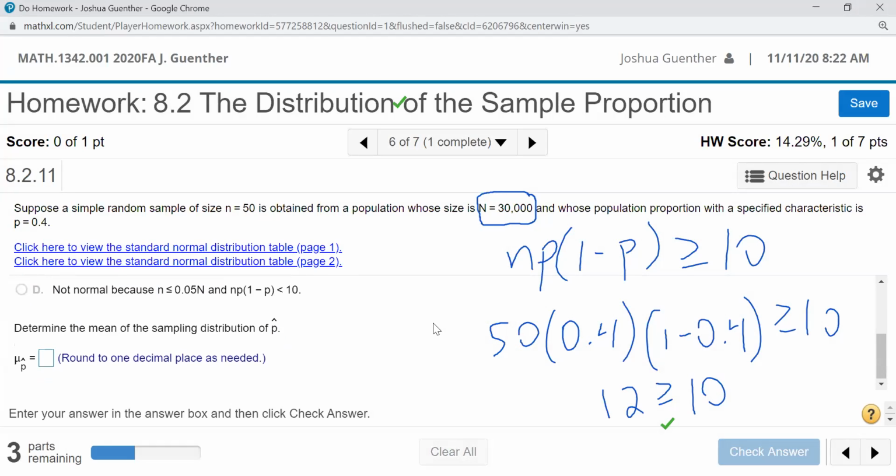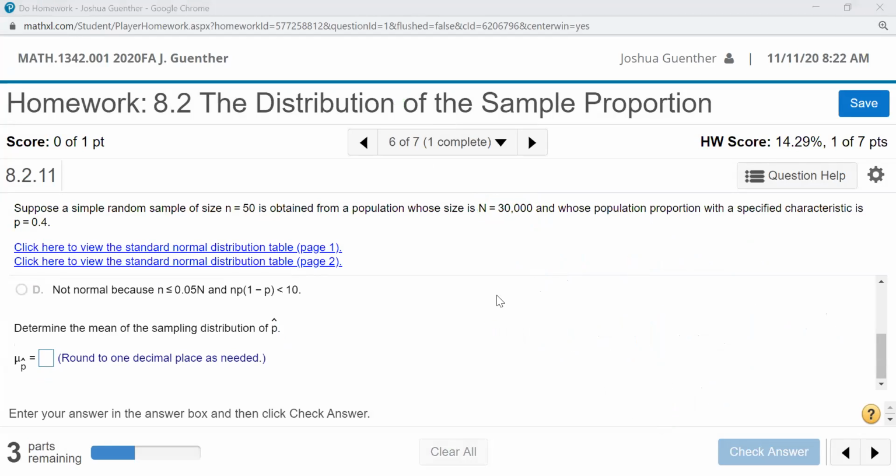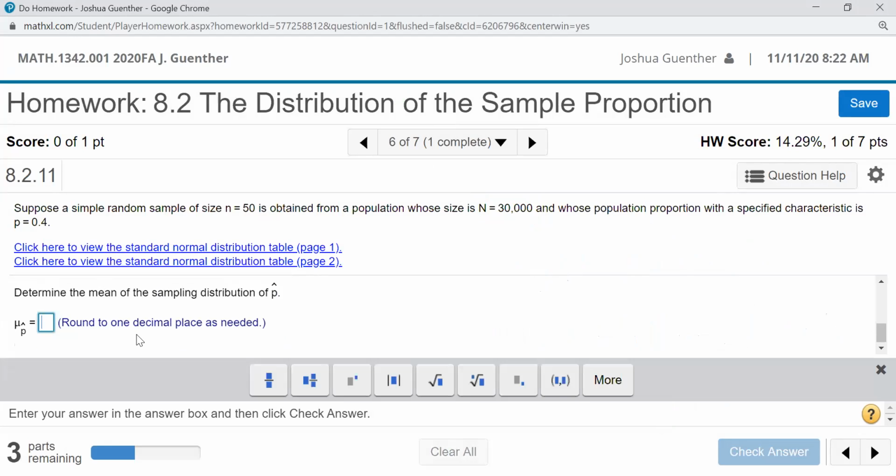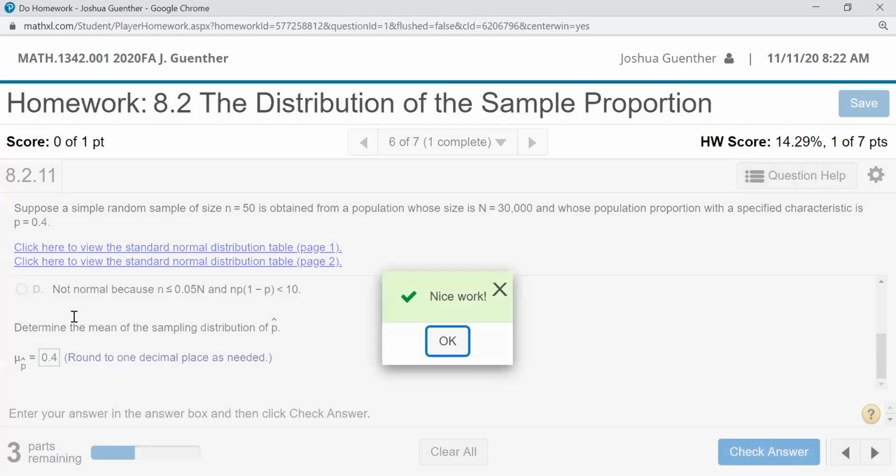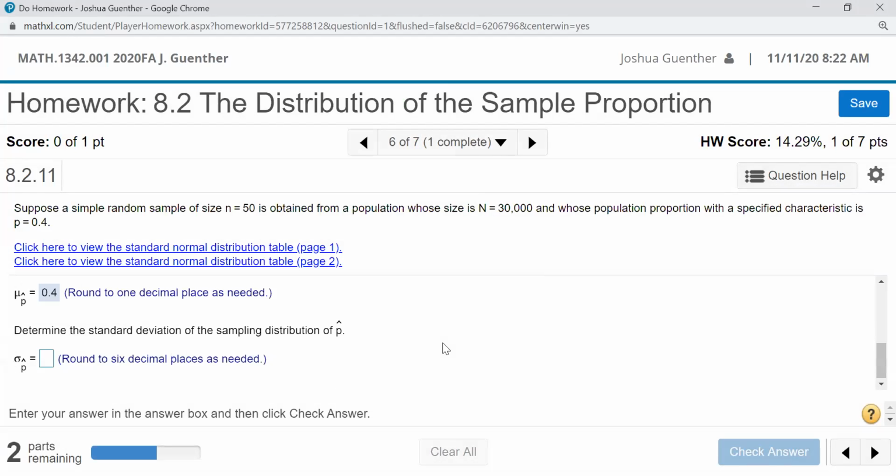So now we can actually start to calculate some of these statistics, and we can finally bring it all together and do some z-score calculations. Determine the mean of the sampling distribution of p hat. That's just going to be the same as p. Determine the standard deviation, sigma sub p hat.